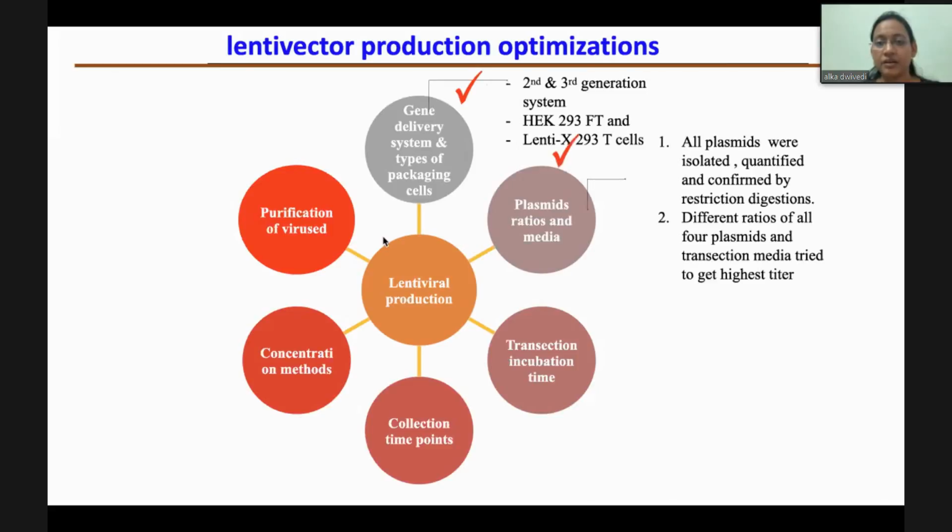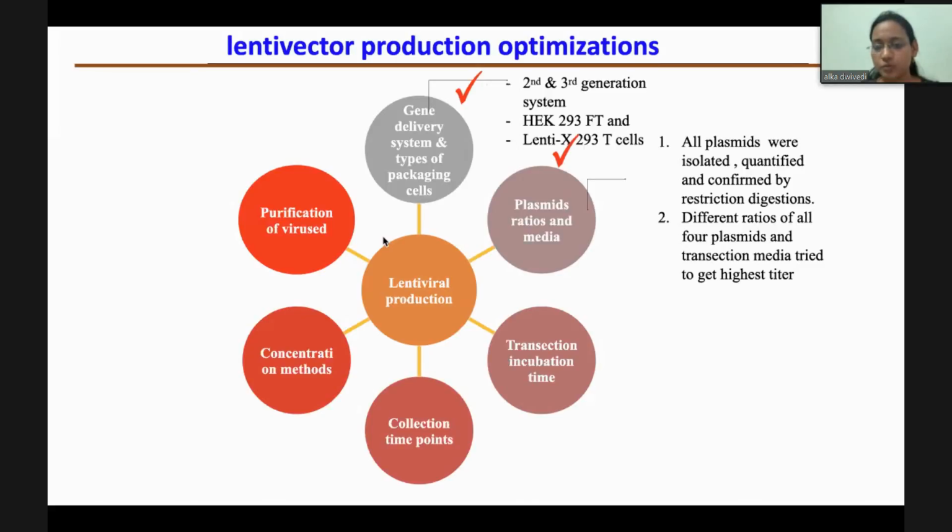Next, we also isolated and quantified the plasmids, and optimized the plasmid ratio and which media should be suitable for getting a high titer.